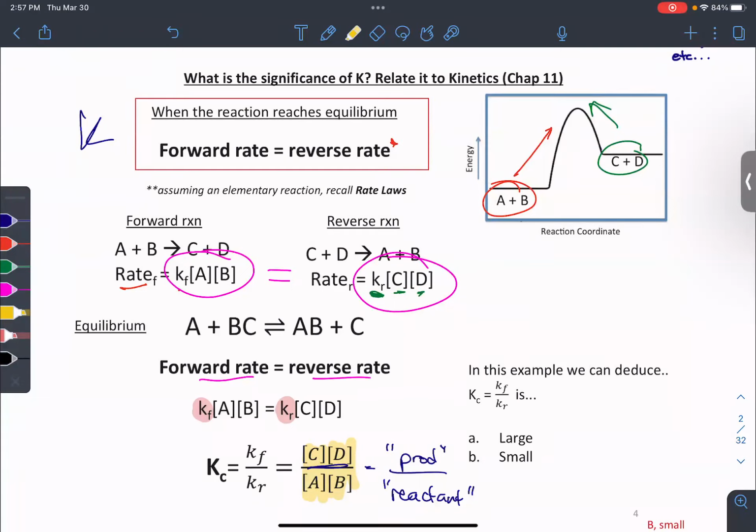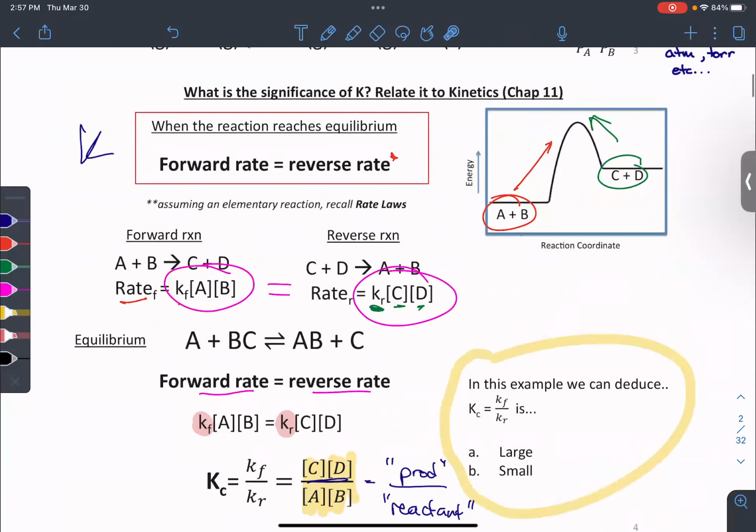All right, so based upon this example, I just told you that our equilibrium constant is equal to the ratio of the forward rate over the reverse rate. What can you tell me about that equilibrium constant? Is it a big number or a small number based upon this graph? You should be able to tell me what the magnitudes of rate constants are.